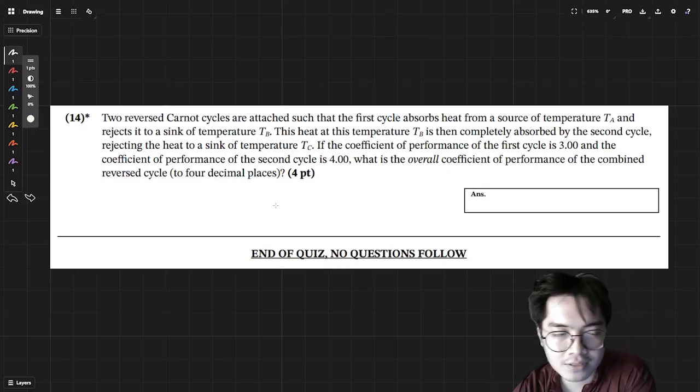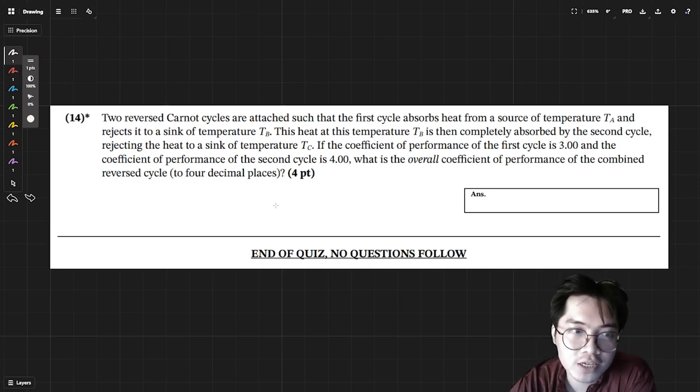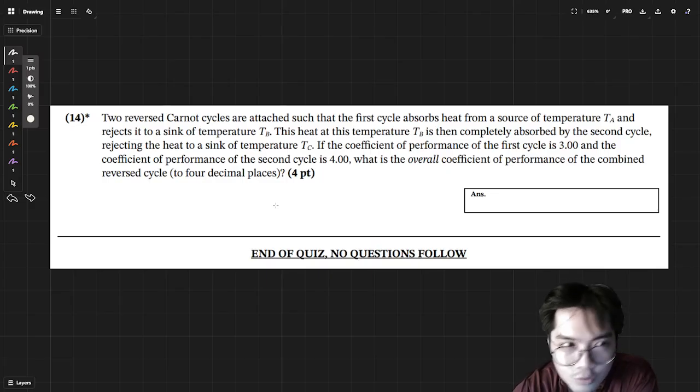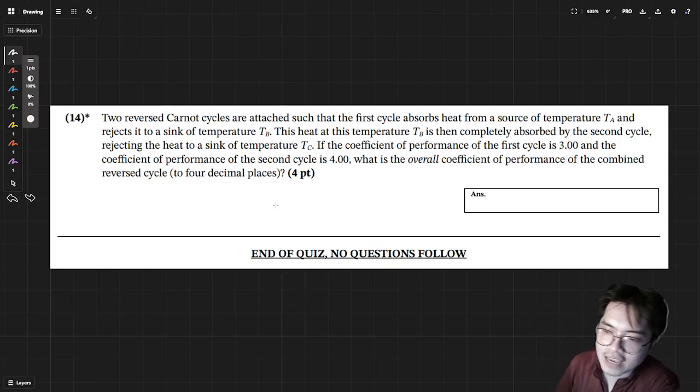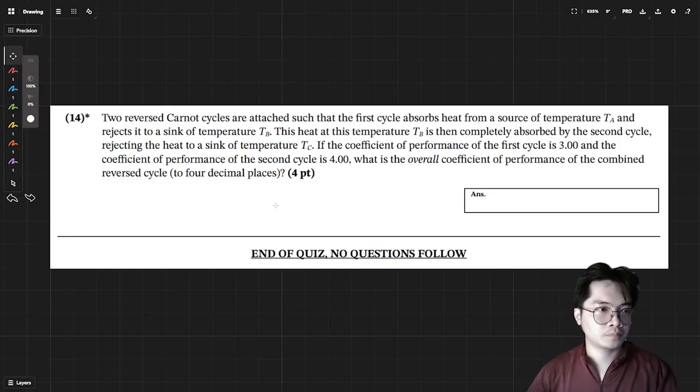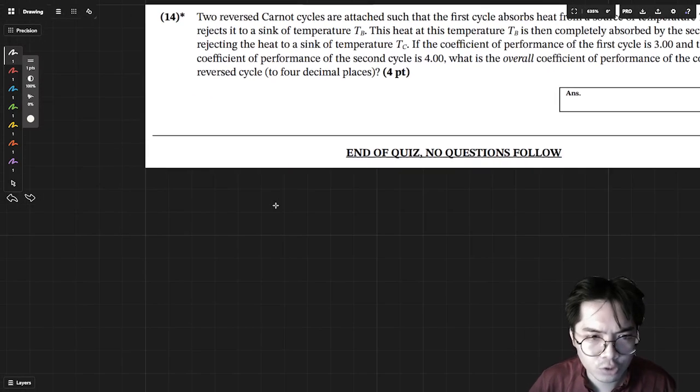Two reversed Carnot cycles are attached such that the first cycle absorbs heat from a source of temperature TA and rejects it to a sink of temperature TB. If you're already confused, you might want to just try and draw this.